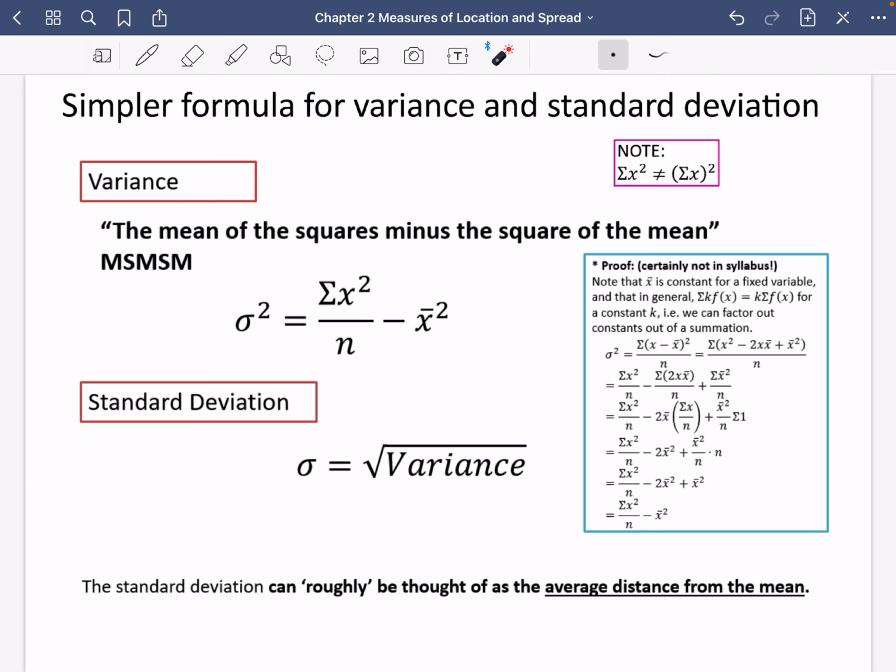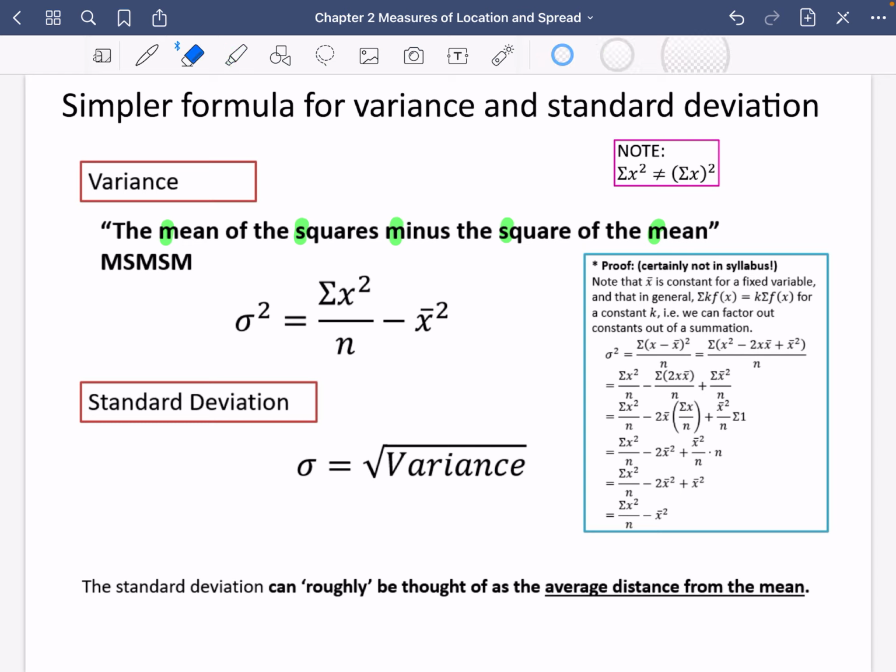So the mean of the squares means you're going to square your original values and divide by how many there are. And you're going to subtract the square of the mean value that you have also calculated. And the way we can remember this is MSMSM. In other words, the mean of the squares minus the square of the mean. That's the way round that we would have this, okay?